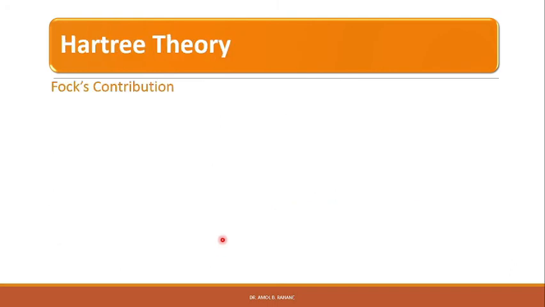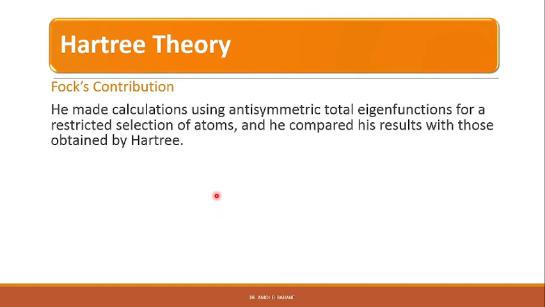So Fock was one of the scientists. He made some calculations using the antisymmetrical total eigenfunctions for a restricted selection of atoms. That means for smaller atoms, he did some calculations with his method and he compared his results with those obtained by Hartree, right? Hartree used a single electron in each state, and Fock made calculations using antisymmetrical total eigenfunctions.